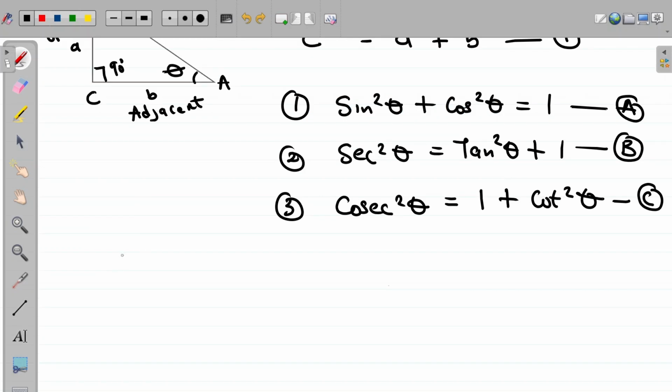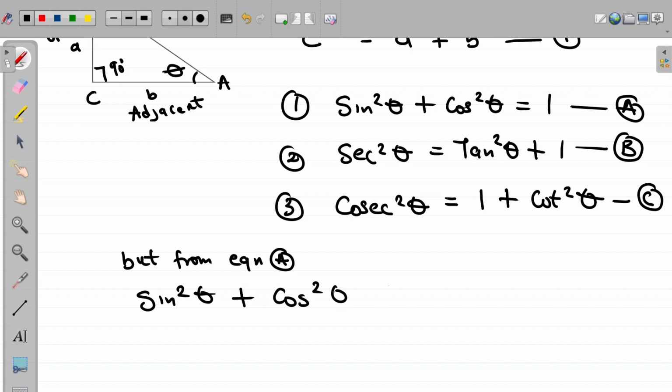But from equation A, we have that sine squared theta plus cos squared theta is equal to 1. Now, if we move cos squared theta to the right hand side, our equation becomes sine squared theta is equal to 1 minus cos squared theta.